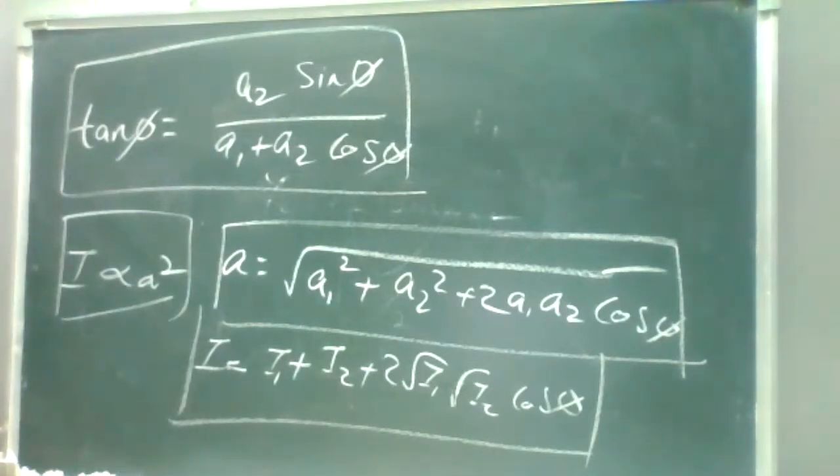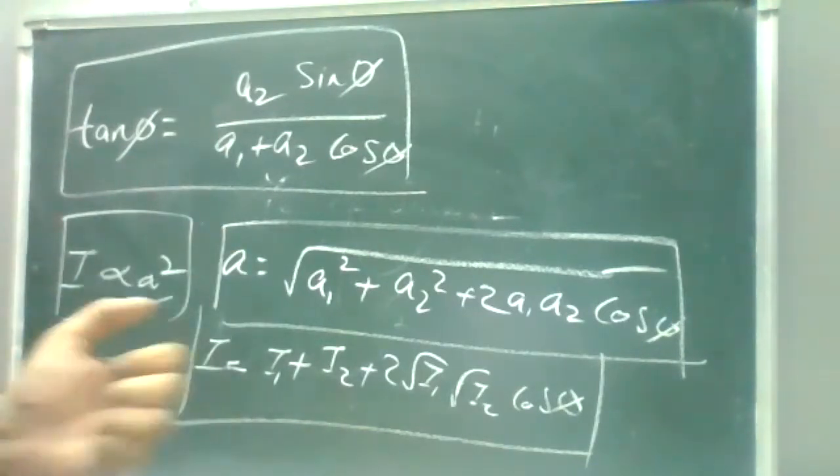Okay. Now, for the path difference, when we discuss it as lambda by 2, there is a general relation for constructive interference when you're discussing the difference.